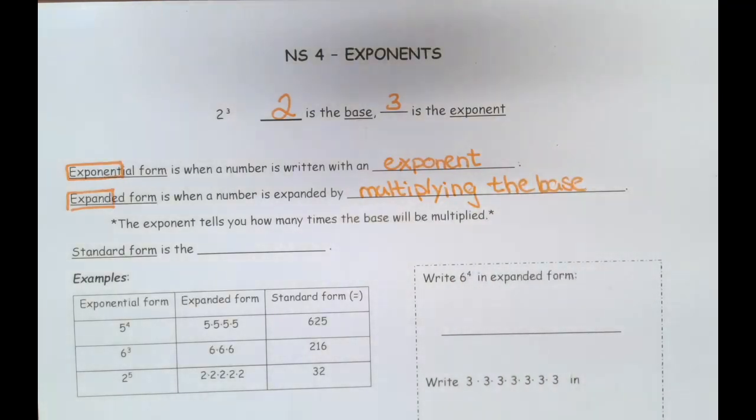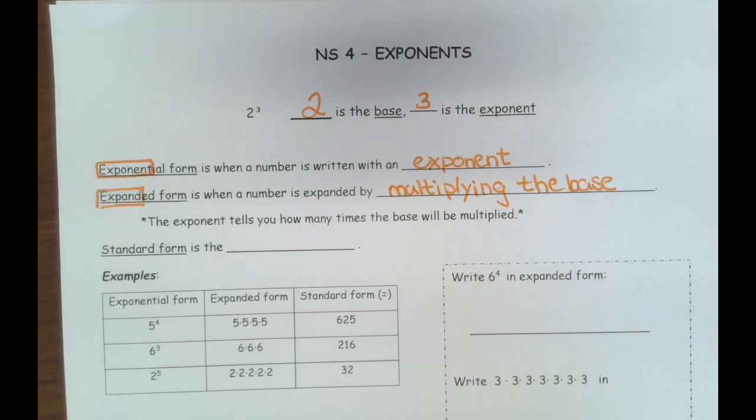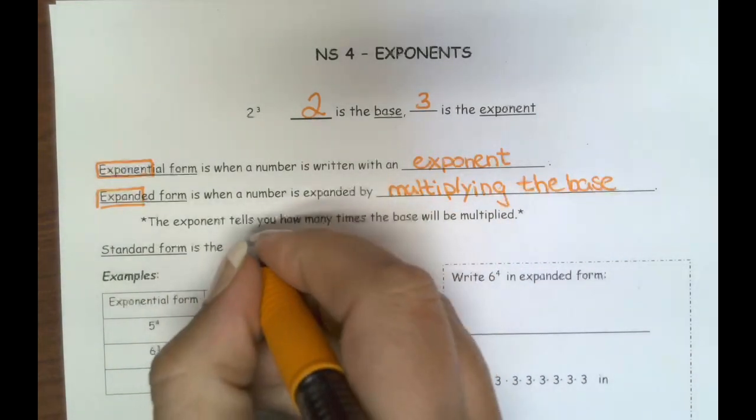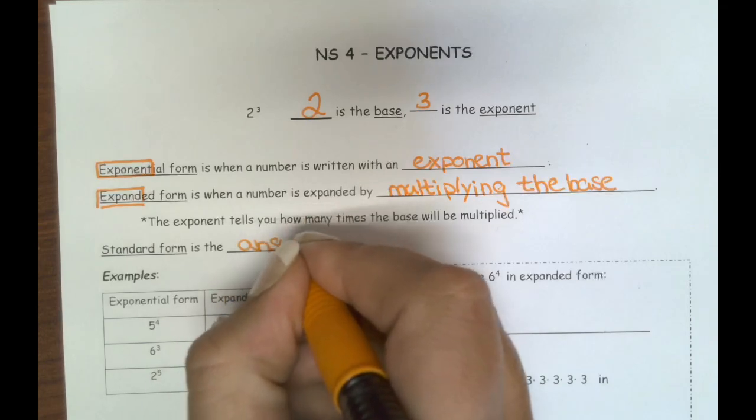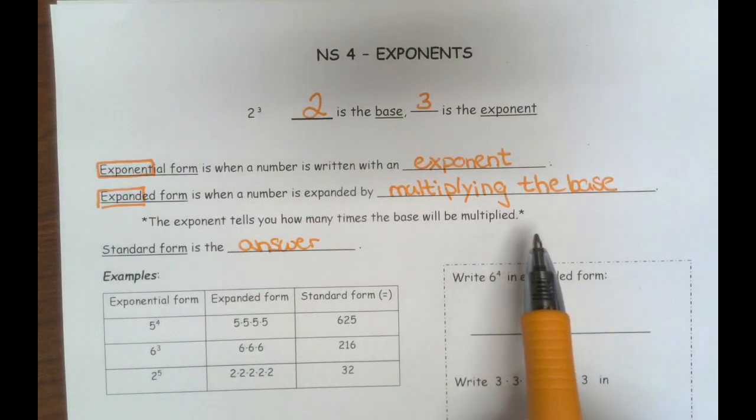And of course, the exponent is going to tell you how many times the base is going to get multiplied by itself. And standard form is just basically the answer. It's what you get once you multiply the number together in expanded form.